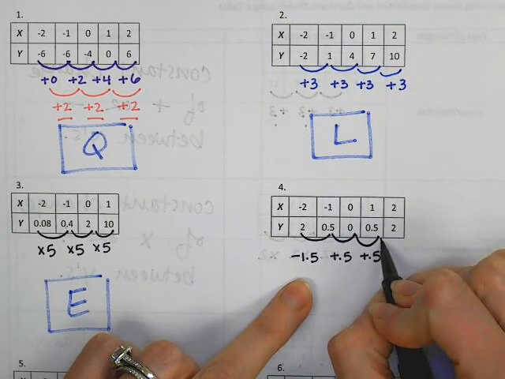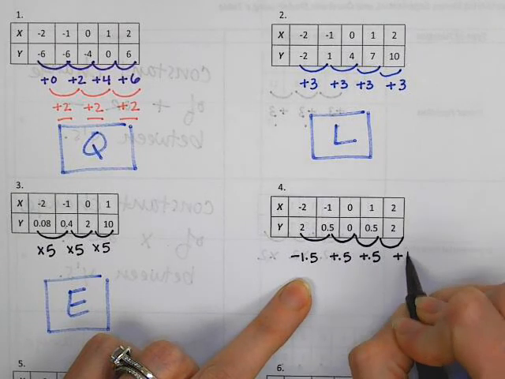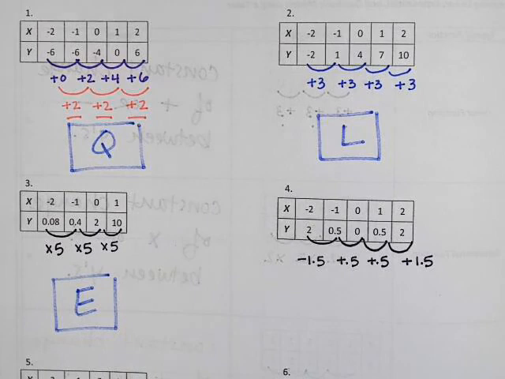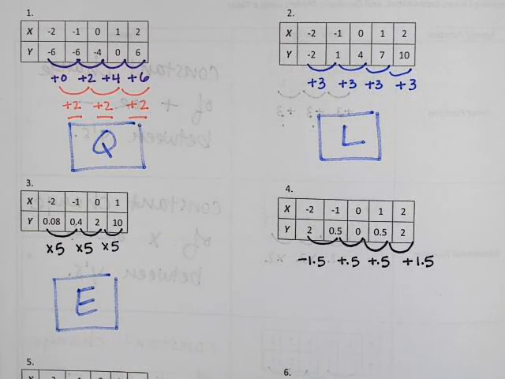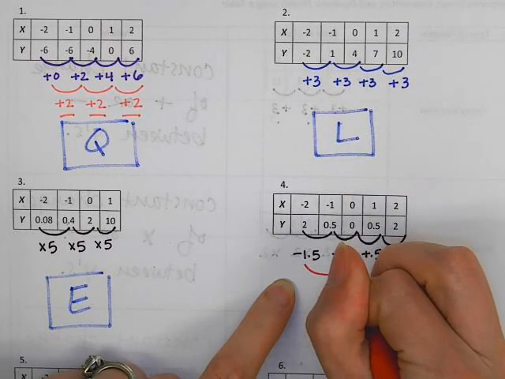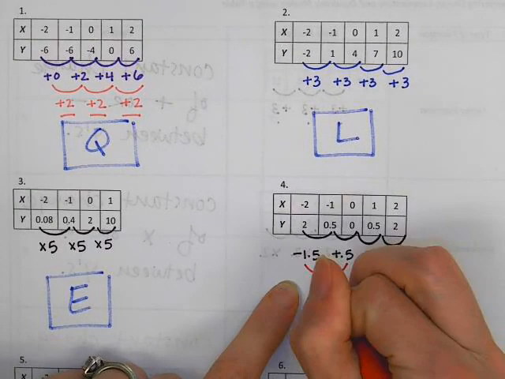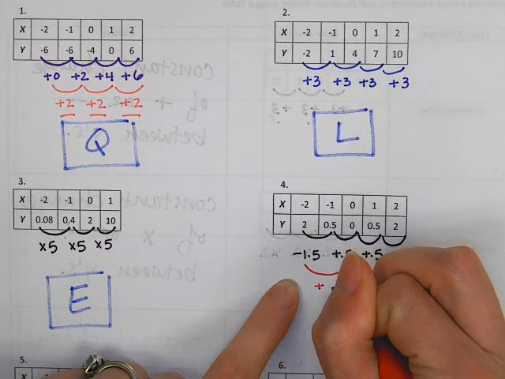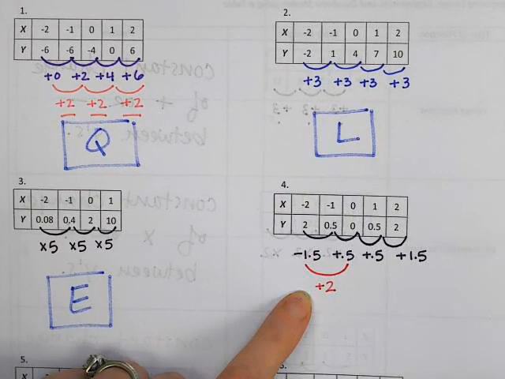And to get from 0.5 to 2, we're adding 1.5. Okay, so that's nothing. Let's do it again. Let's try the second differences.